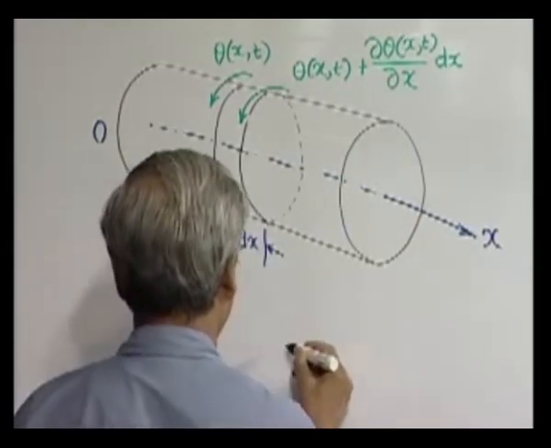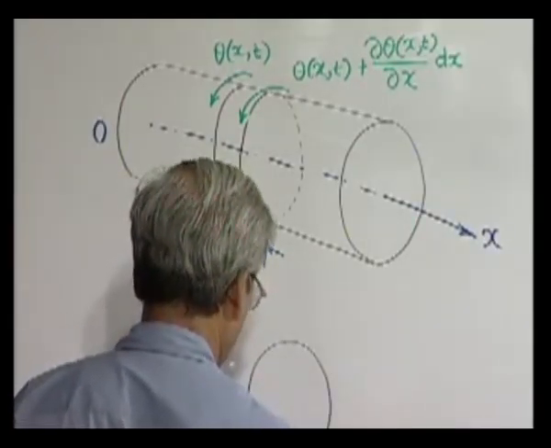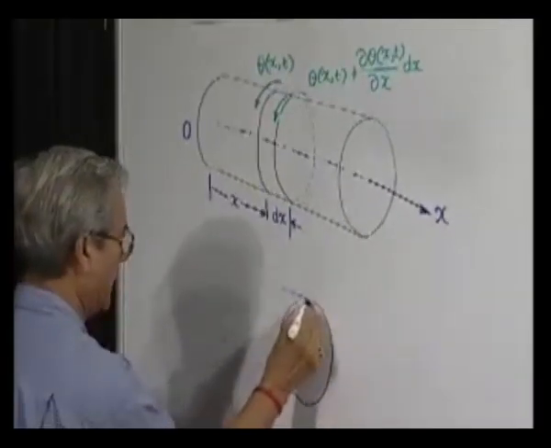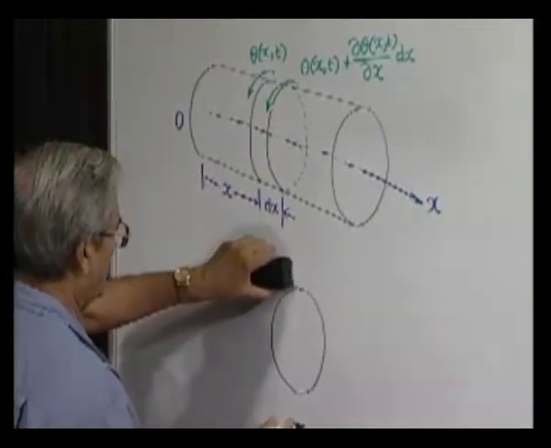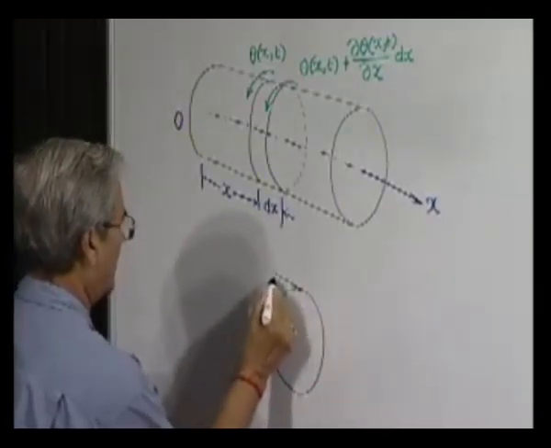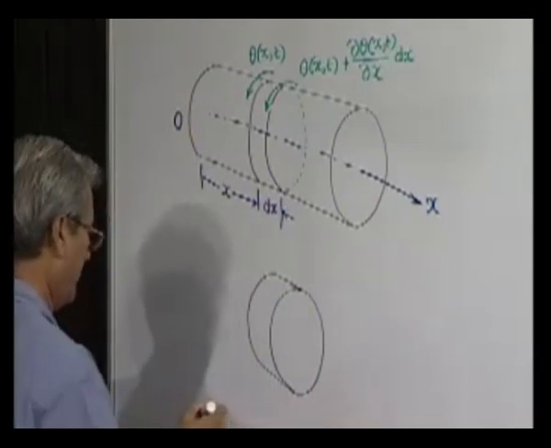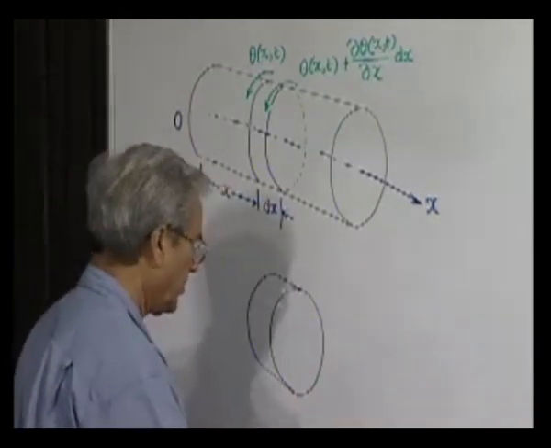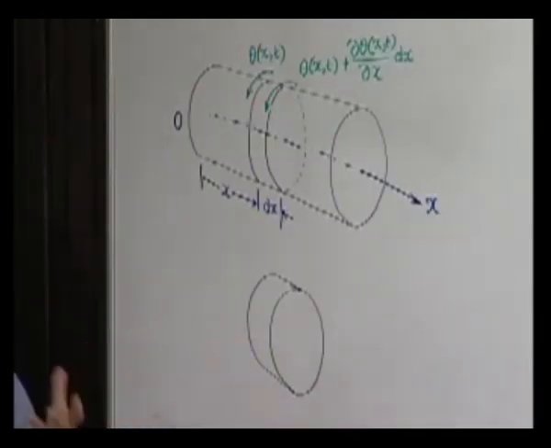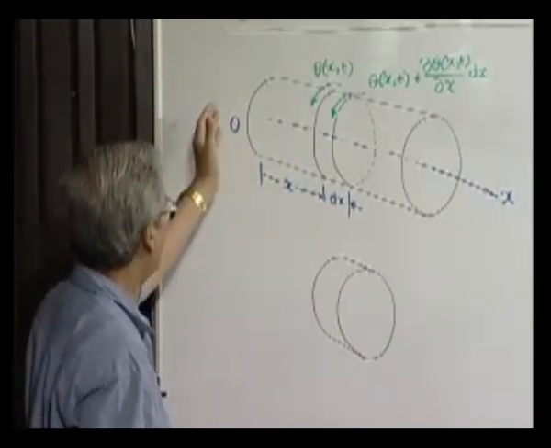Now let us draw the element separately. This is the element. Now you consider the motion of this element and find out the equation of motion, which is valid for all such elements at all possible positions.